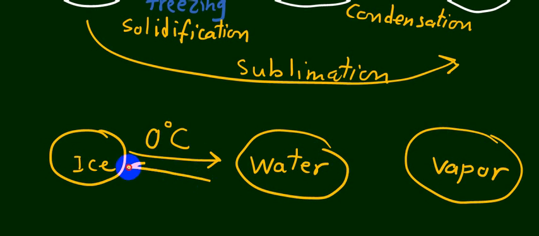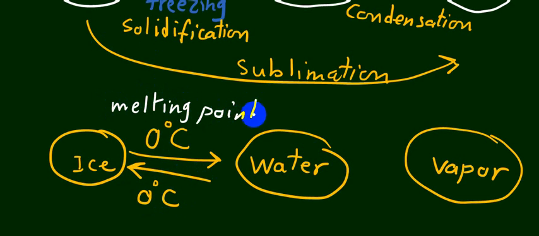Also, water can change into ice at 0 degrees Celsius, so it's called the melting point. The melting point of ice is 0, and also the freezing point of water is 0.